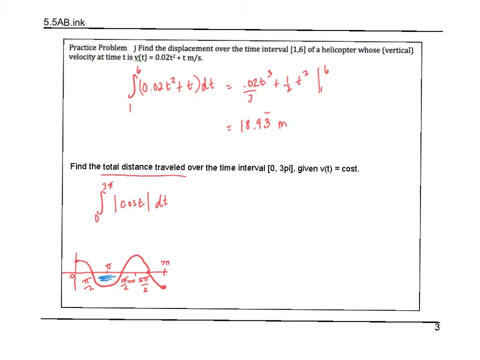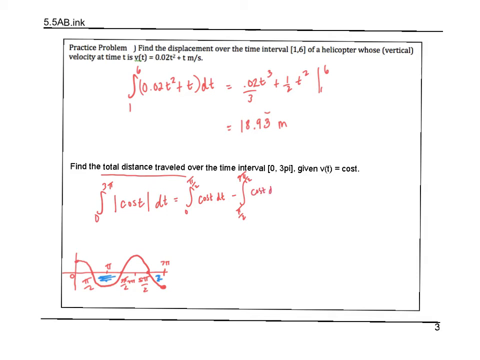All of this and that, those are negative, so we need to subtract them or negate them to flip them and turn them positive. So this is equivalent to 0 to pi over 2 is already positive, so we keep the cosine t dt as is. The second region is negative, so I need to negate it to flip it from pi over 2 until 3 pi over 2.